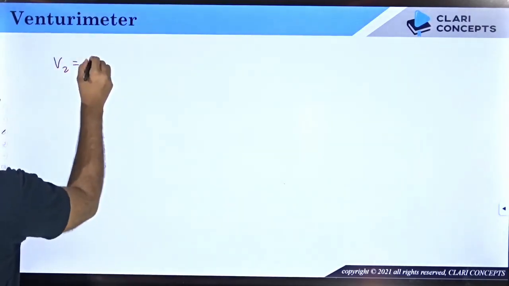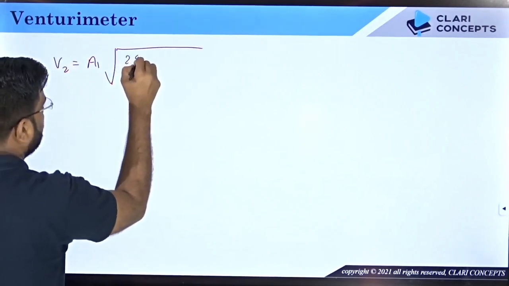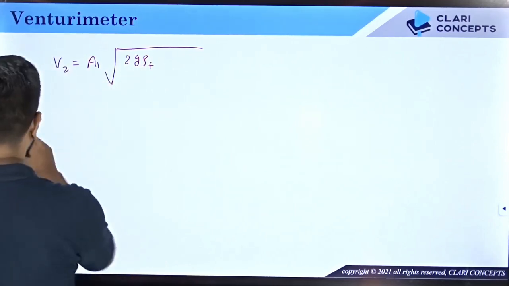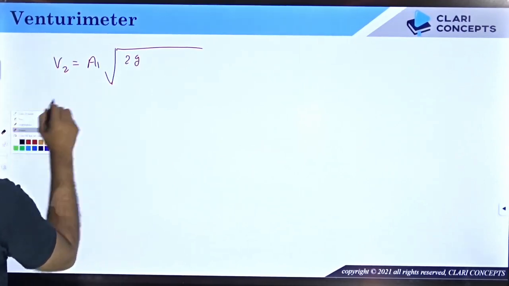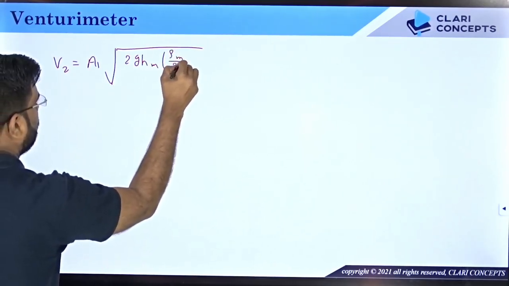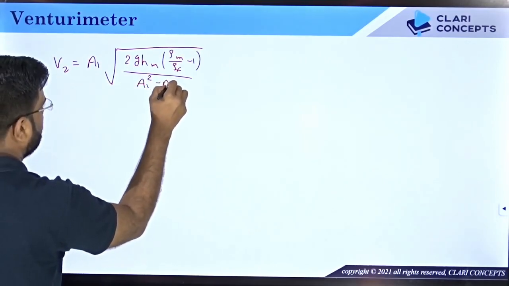So A1 outside in bracket 2GHM, sorry, this is not rho f, this is HM, 2GHM in bracket rho m by rho f minus 1 over A1 square minus A2 square.